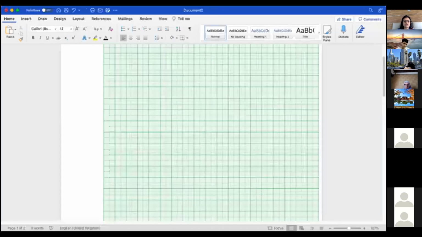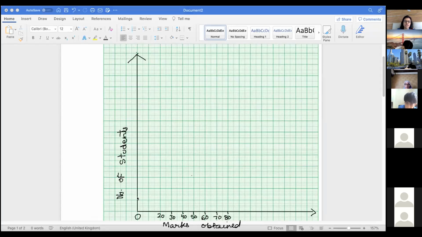Now, number of students varies from 1 to 6. Maximum is 6. So I'll make one block: 1, 2, 3, 4, 5, 6, and till 7 I'll write.